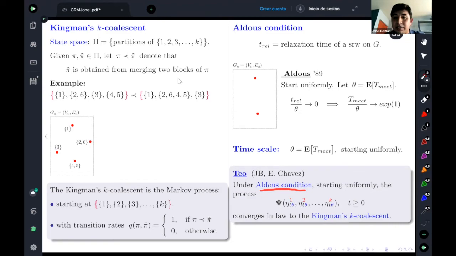So if the relaxation time is of a smaller order than this meeting time, then we have this limit.